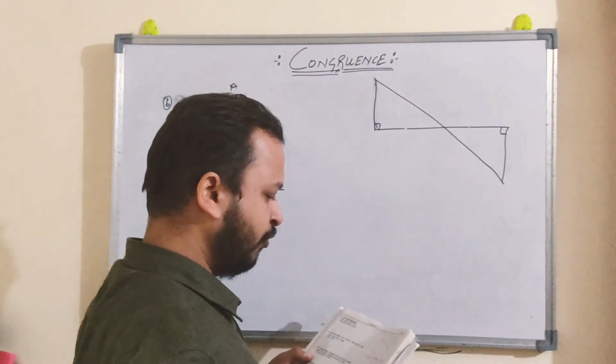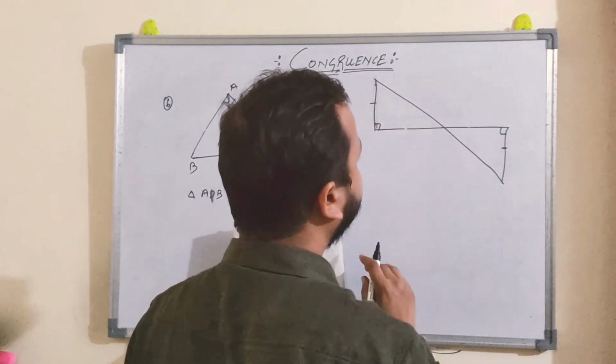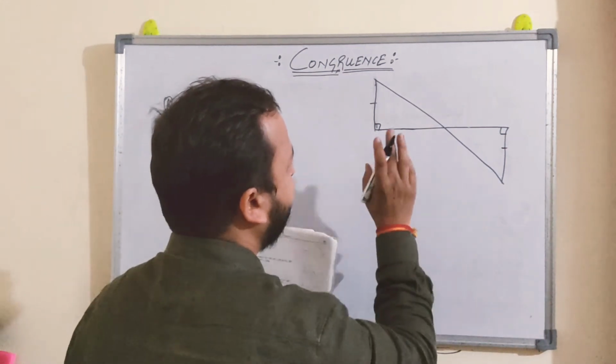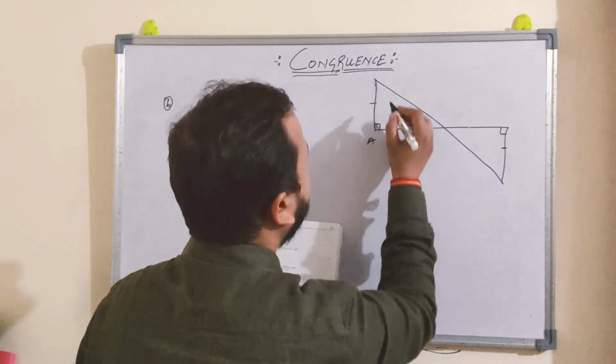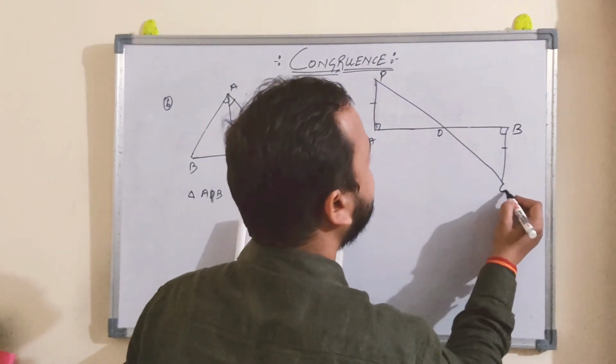PA is equal to QB. It is given. This is also given. So what you have to do, by RHS property you have to prove it. This is A, this is P, this is B, this is O, this is Q.